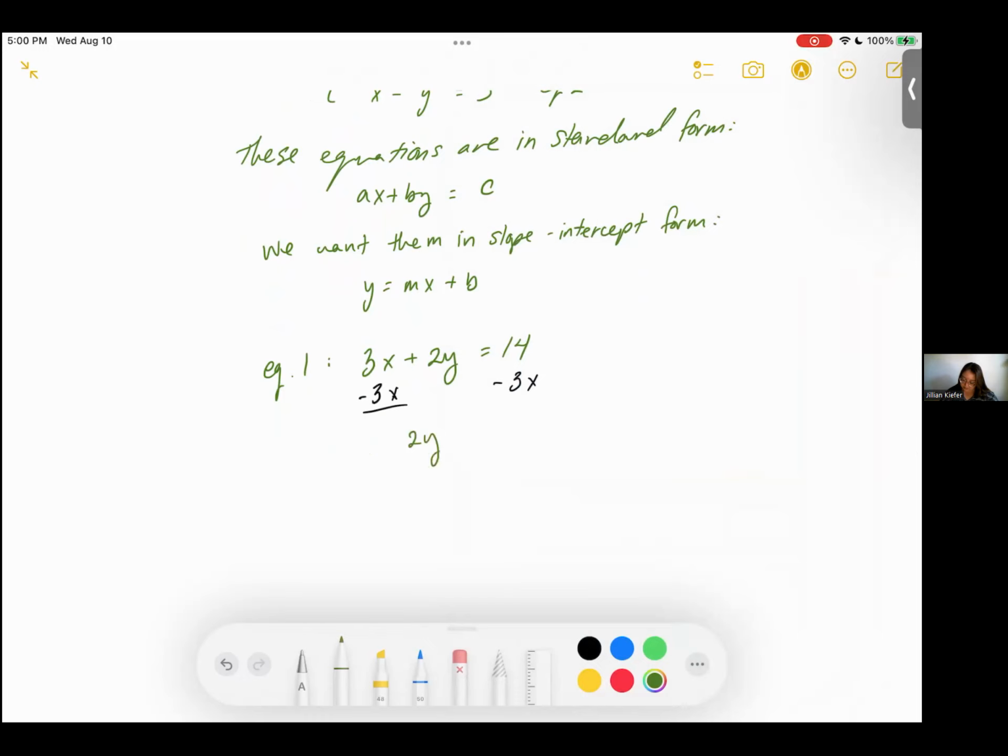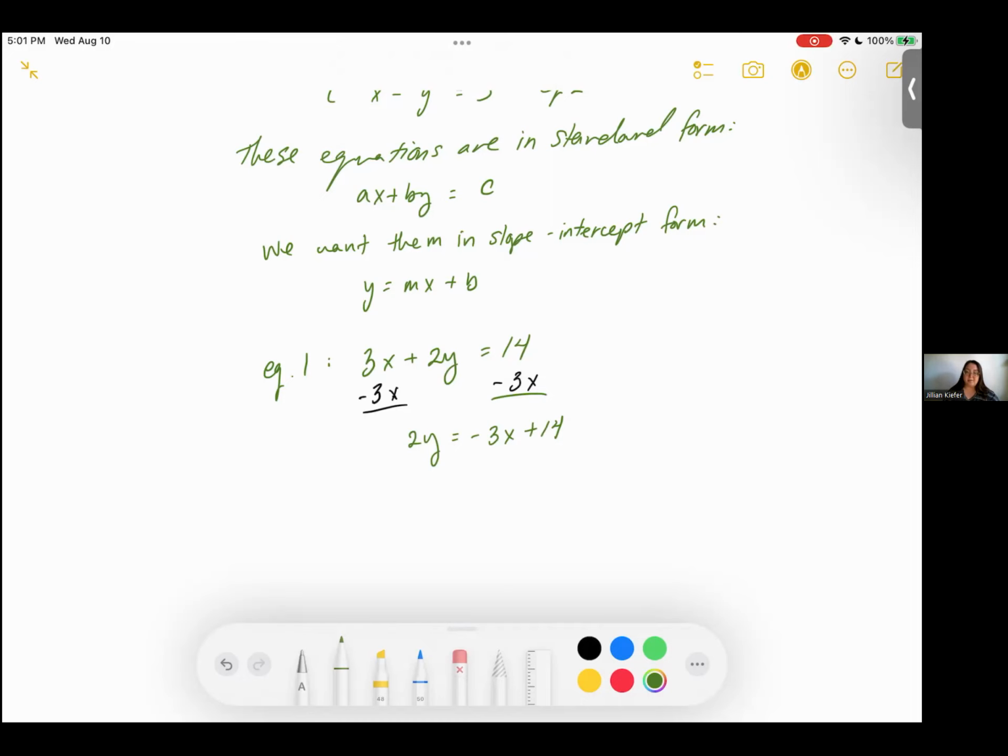We get 2y is equal to, and we're going to write the x first because we want it in y equals mx plus b. So even though we subtracted that 3x, we're going to write negative 3x plus 14 first. So now we have that number in front of the x, we have the m, and we have the b.